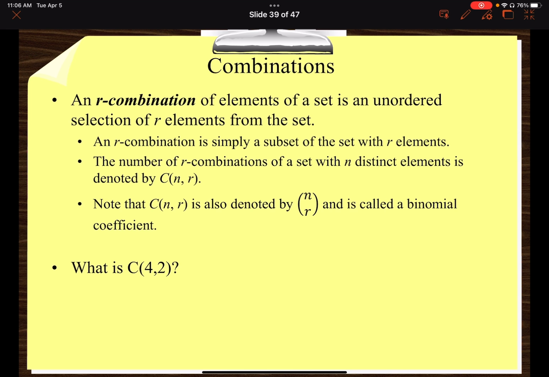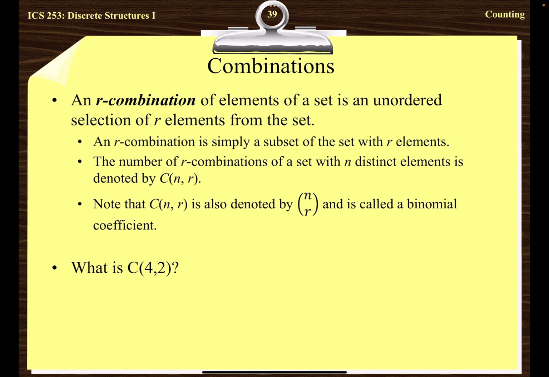So if I said that C(4, 2) is equal to P(4, 2), now I know for sure that this is wrong. Why? Because in P(4, 2) order matters, right? Okay, if you want to remove order, what do you need to do? Divide by 2.